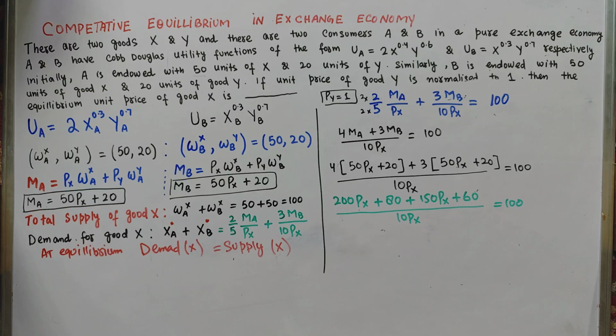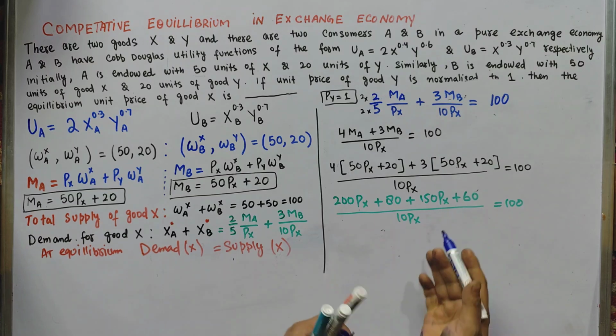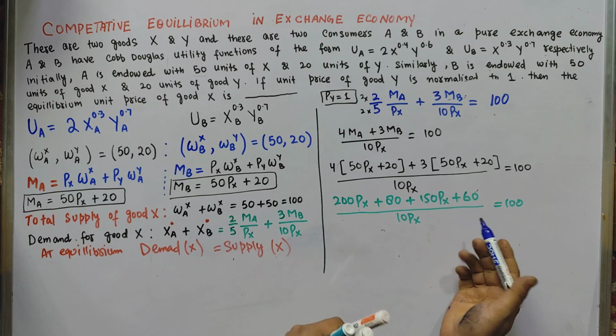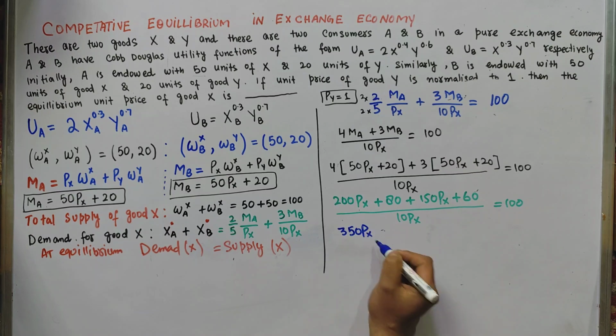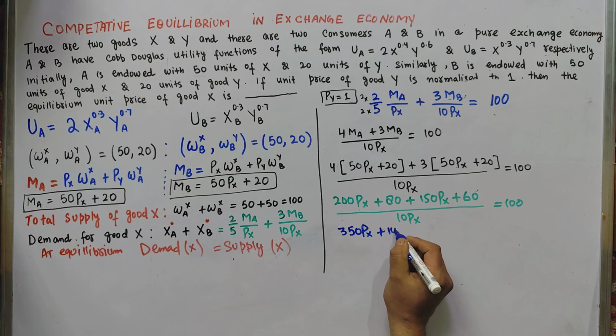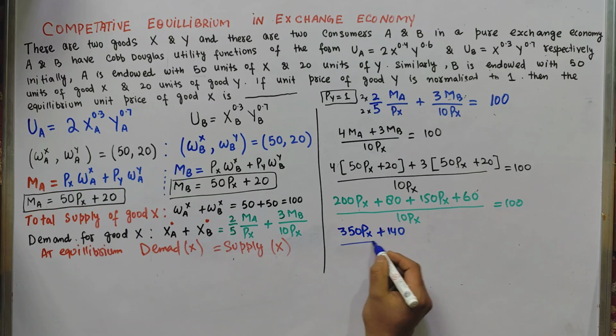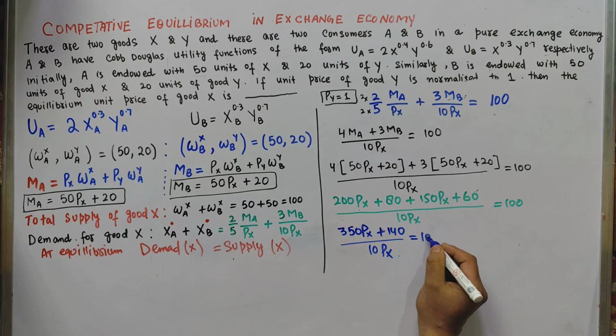That gives us 200 plus 150, which comes out to be 350 Price of X. And 80 plus 60 sums up to be 140, upon 10Px is equal to 100.